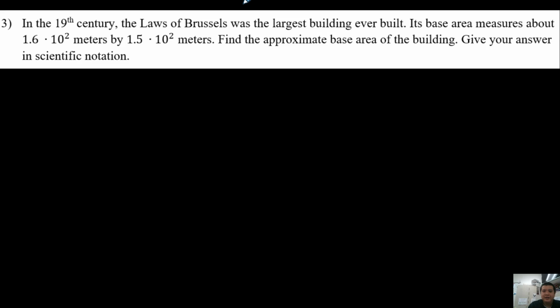Again, this is find the area. So again, we have the length and the width, so we're going to multiply them. I'm just going to put the bases next to each other: 1.6 times 1.5, times 10 to the second times 10 to the second.